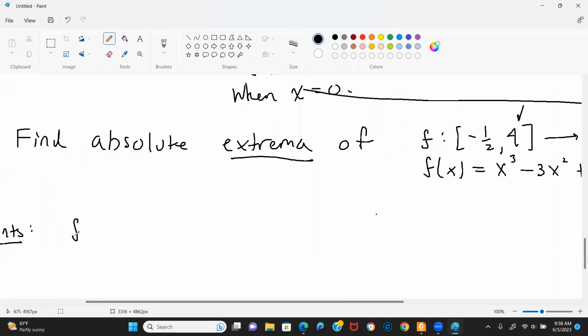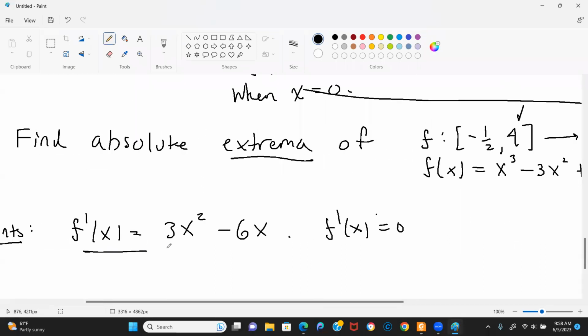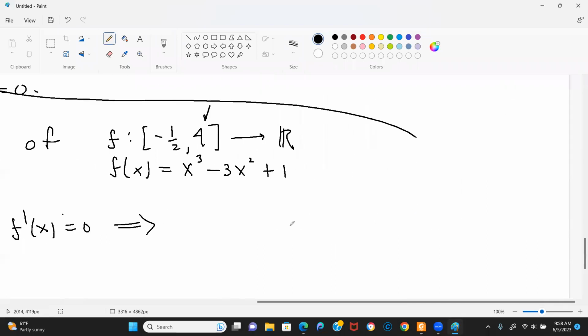We're going to take the derivative: f prime of x is equal to 3x squared minus 6x, and that's it. Notice the derivative exists everywhere because it's a polynomial. If you set f prime of x equal to 0, you get 3x squared minus 6x equals 0, and then you factor out 3x times x minus 2.